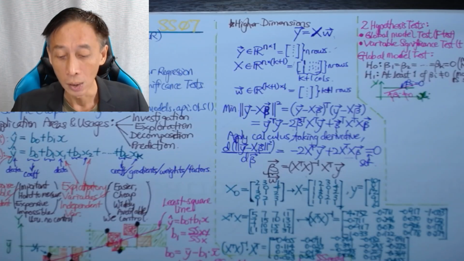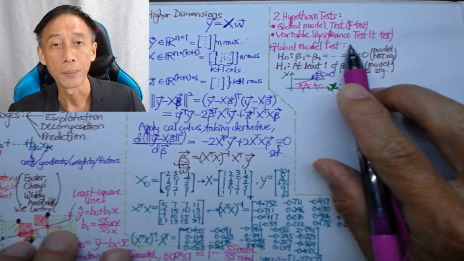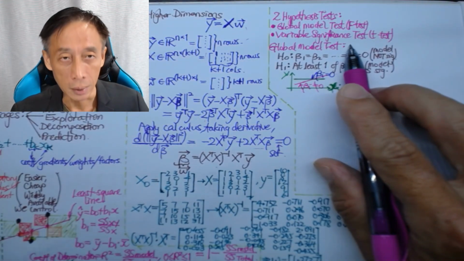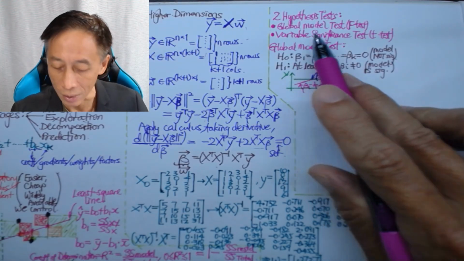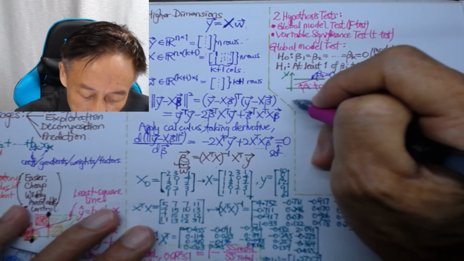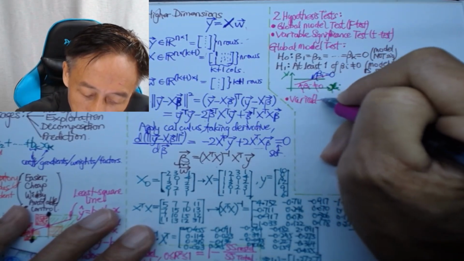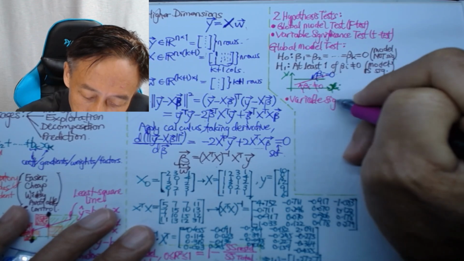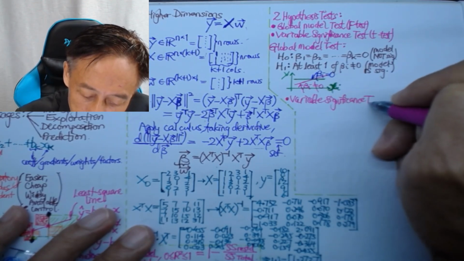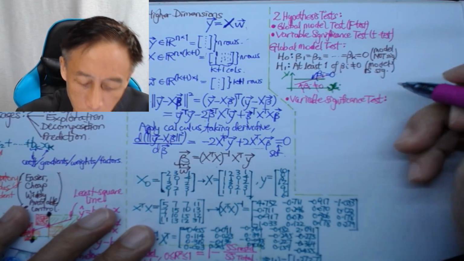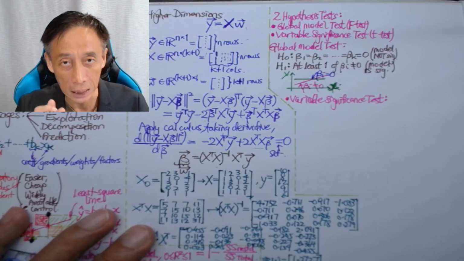We don't know. And that's why after performing a global test, right? And in many cases, you will have multiple variables. Therefore, you should always look at the variable significance test. So in the variable significance test, our goal is to test for that particular variable, right?